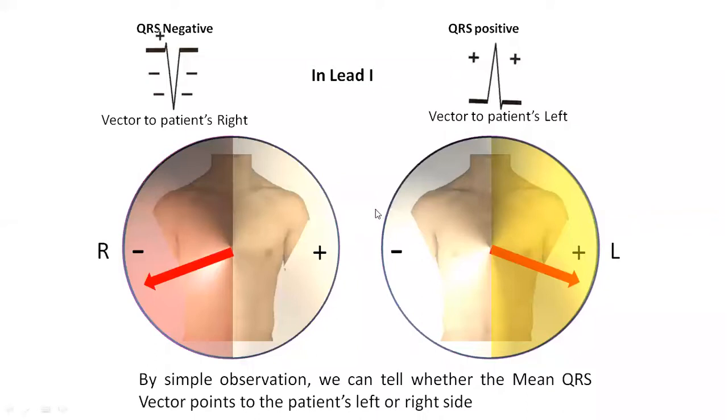So positive gives either normal or left axis deviation, and negative gives right axis deviation. Whenever the QRS is negative in lead 1, always remember this is right axis deviation.